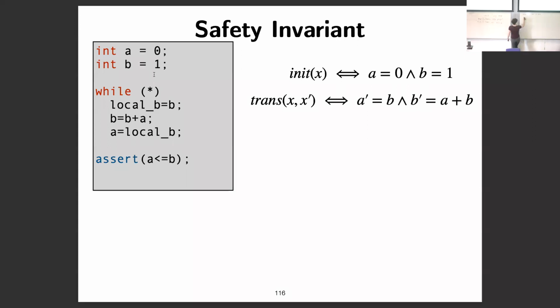And then you want your step case, which should be: I assume that the property holds, and then I do the step, so I apply the transition relation, and that should mean that the property still holds afterwards. The problem with this example is that this doesn't hold because this isn't an inductive property, but we can make it inductive by strengthening it.